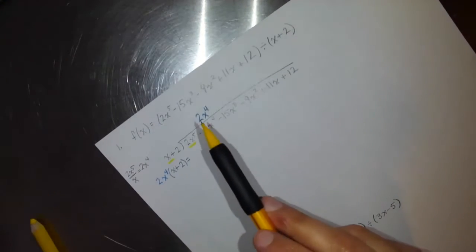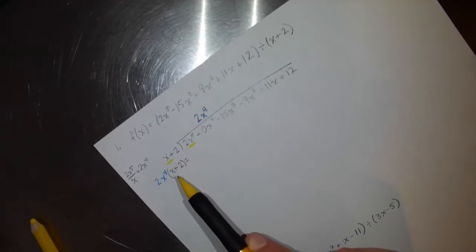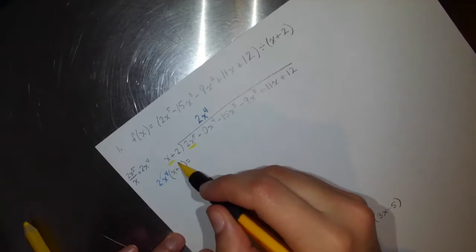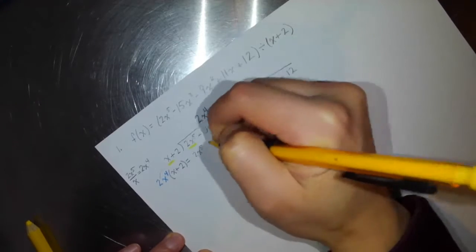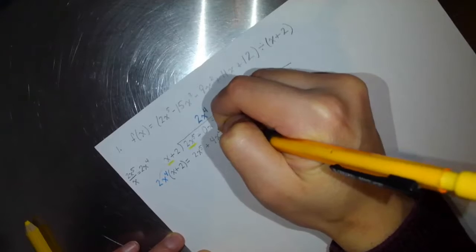So I just rewrite that over here, that I'm multiplying this by the x plus 2 that I'm dividing by here. So when I distribute 2x to the 4th into here, I will get 2x to the 5th plus 4x to the 4th.